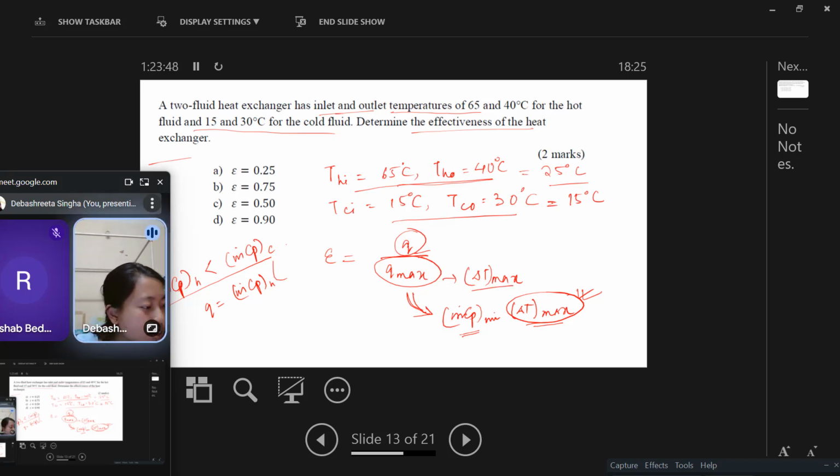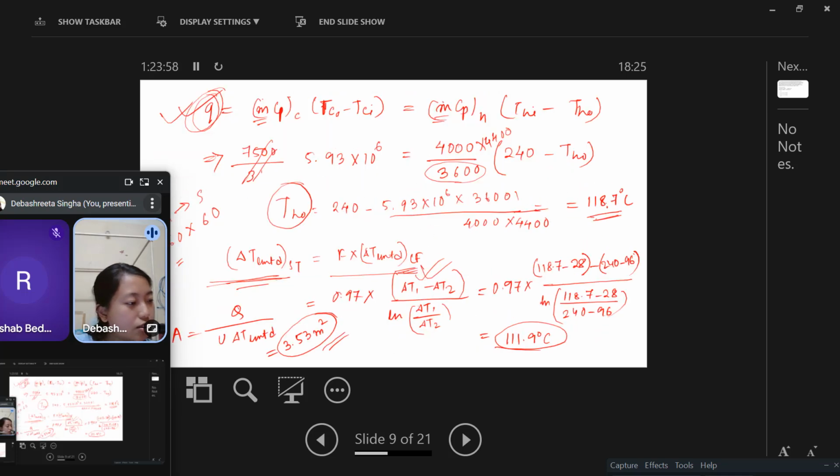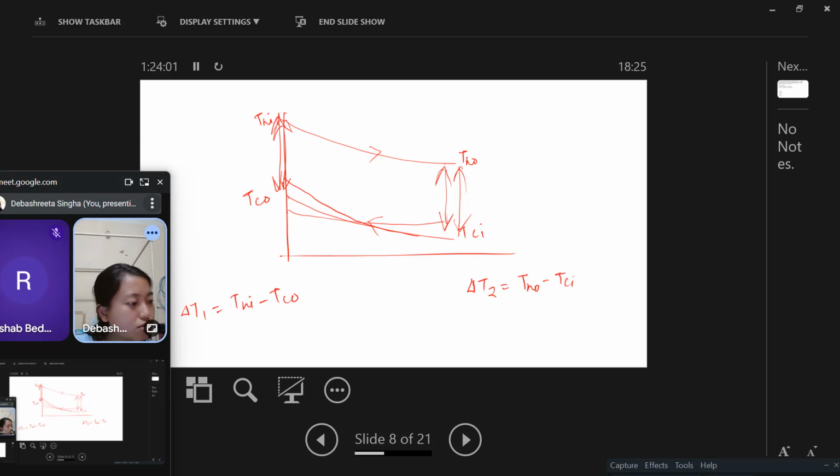Wait a minute. This delta T max is not for hot and cold, but it is for the maximum delta T attained in the heat exchanger. Suppose here itself, how much is the maximum delta T which can be attained? So maximum is always THI minus TC naught.